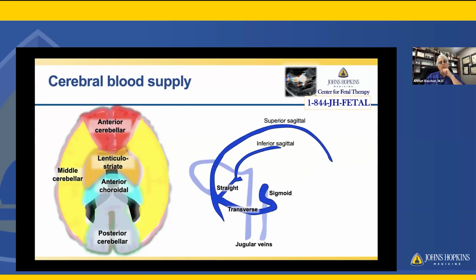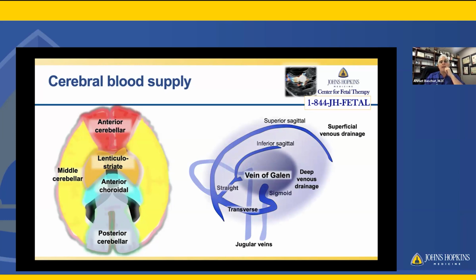And the venous drainage is basically by a superficial and an inferior venous drainage system that ultimately goes via the sagittal sinuses, the transverse sinus, and then into the jugular veins.